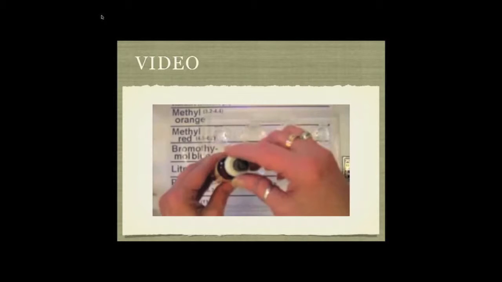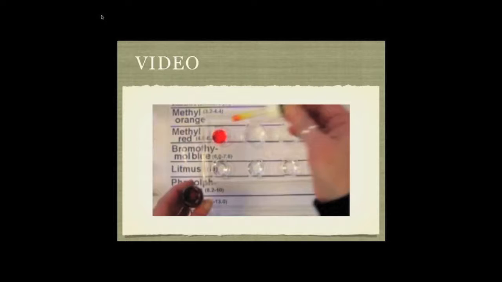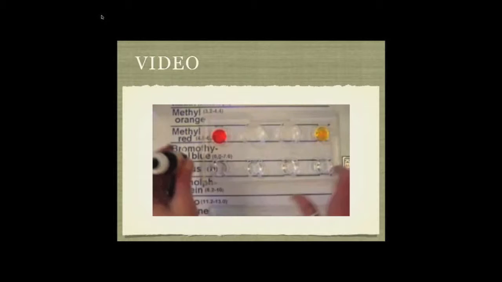If we start with methyl orange, we're going to see that in the acid, methyl orange turns a nice red, whereas in the sodium hydroxide, it is a yellow.